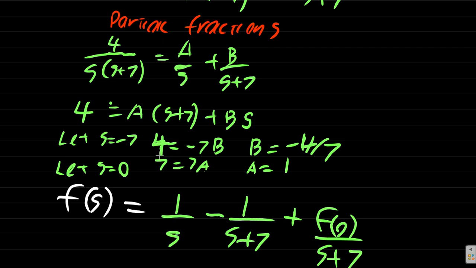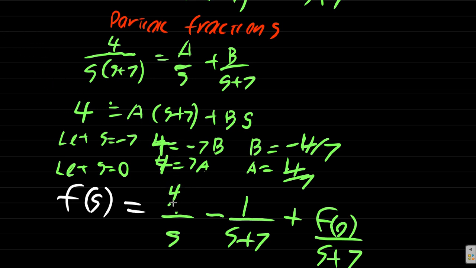And then this would be saying 4 equals 7A. When we work it out, we get 7A, so A would be positive 4 over 7. So what we would have is A, which is 4 over 7s.